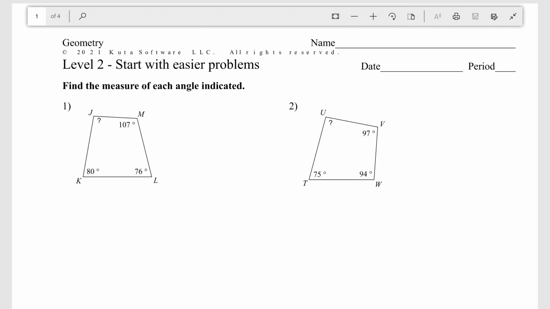Hi everybody, in this video we're going to be working on your level 2 worksheet. Starting off already with our quadrilateral to find the missing angle measure, remembering that a quadrilateral has 4 sides, and previously in class we had identified the total interior angle measures by figuring out how many triangles are within a polygon.